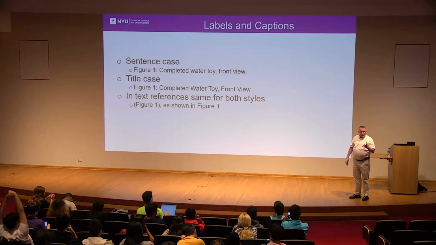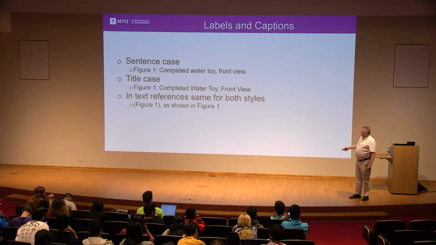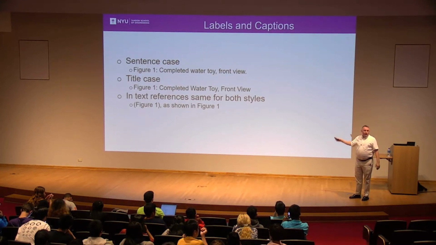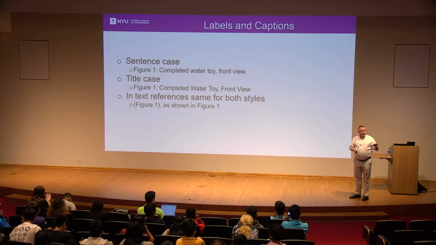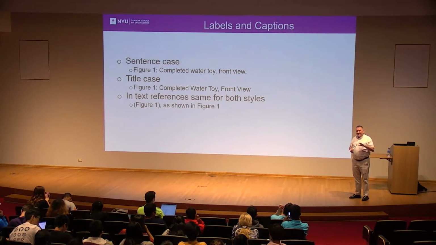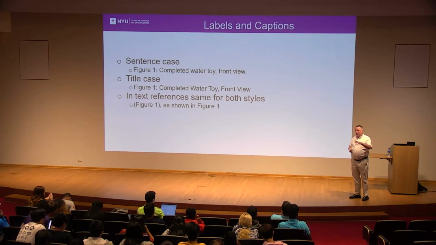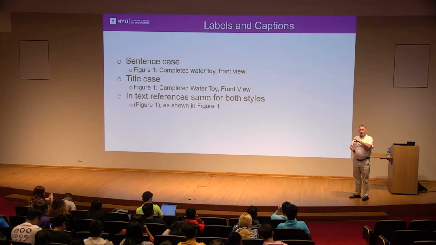So you really have a choice to make here. You can use sentence case with no period at the end. You can use title case with a period at the end or not. Whichever choice you make, you've got to use it consistently from start to finish in your lab report. So the choice is up to you. If you know one of these styles and you've been using one of these styles previously, continue to use that style and use it consistently.